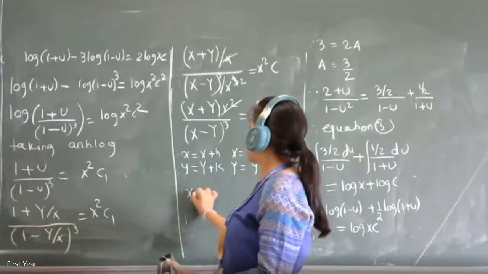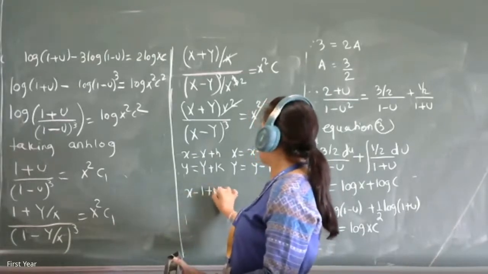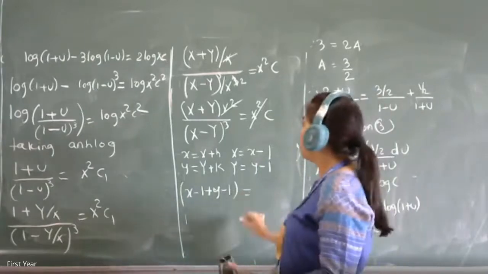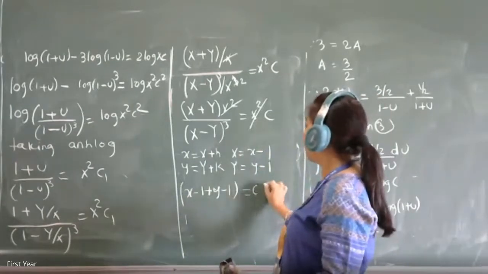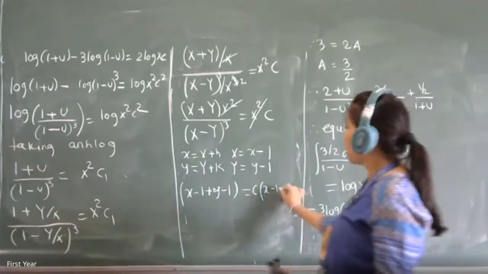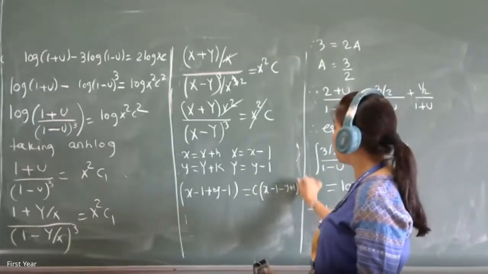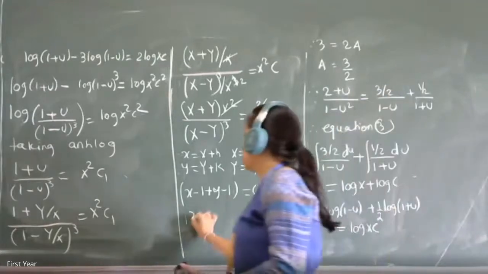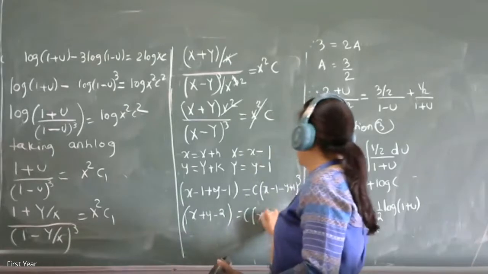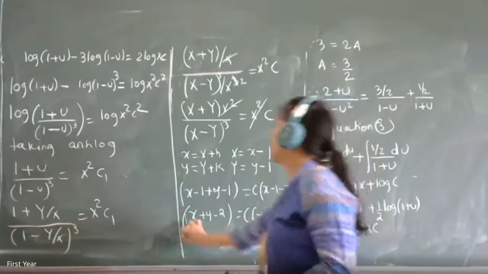So it is x minus 1 plus y minus 1 is equal to c into x minus 1 minus y minus 1 cube. So that will give you x plus y minus 2 is equal to c into x minus y cubed. That's your answer.